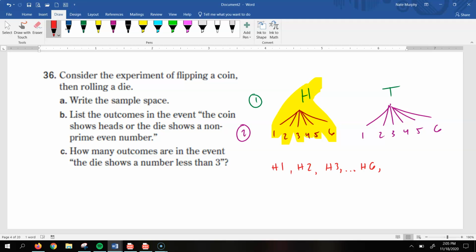Now we also have to look at the "or," so the die shows a non-prime even number. The number 1 is not prime or composite, but it's not even either. 2 is our only even number that's also prime. But 4 is non-prime, so we want to keep that.